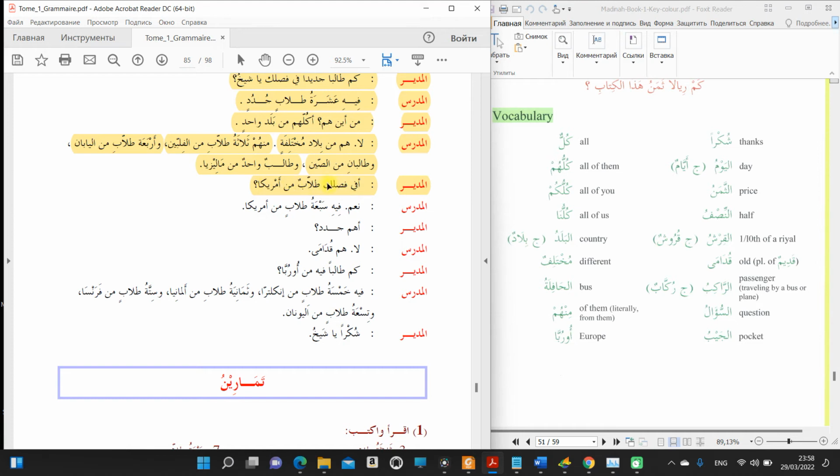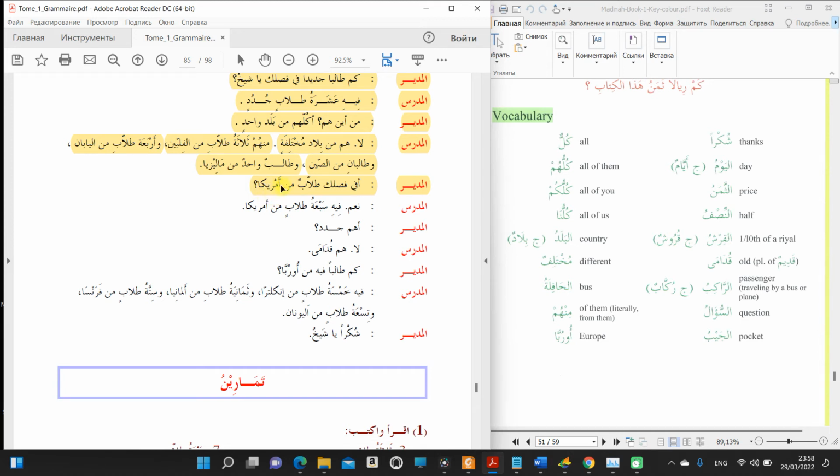And you see, that's what I wanted to talk about. We learned in the previous lessons that if a word is preceded with a preposition, then the word becomes majrur and takes kasra. For example, في البيت. البيت is preceded by the preposition في and therefore it's majrur and it takes kasra. But here we have من أمريكا. Why is it so?